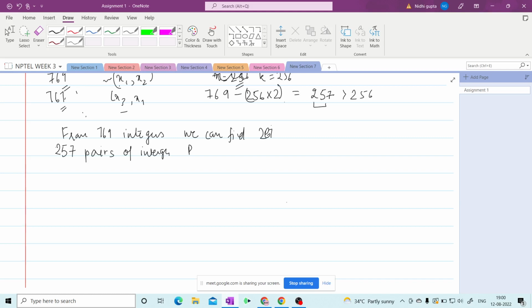We have P1 till P257, and each Pi has, say, xi, yi. All these pairs are non-repeating. Basically, if we have taken two integers, the next two integers are different from these because we are removing all the previous pairs. Did you understand?